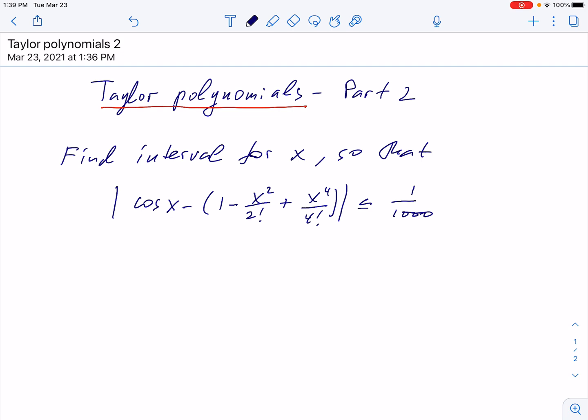So I told you that we can make the Taylor polynomial close to the function if we increase n, or if we make smaller the interval around the point where it's expanded. This is here the fourth Taylor polynomial for the cosine centered at 0.